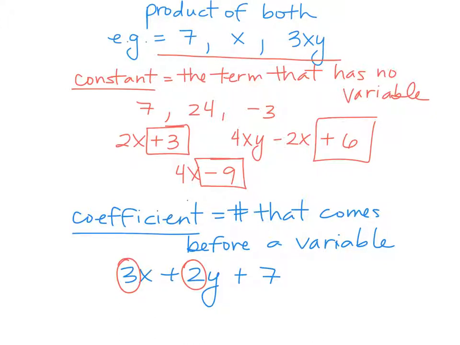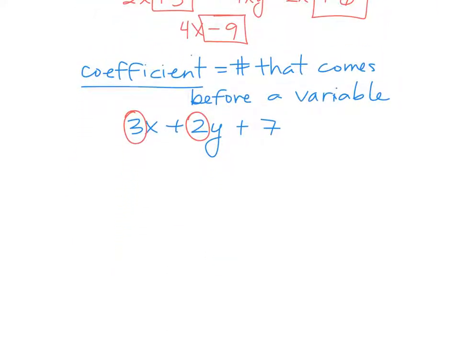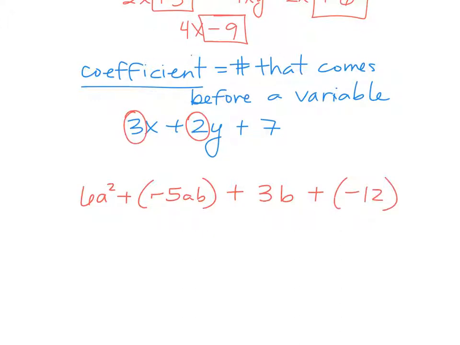Okay, so I'm going to just give you kind of a combination of all these things, and we're going to talk about what is what, okay? So if I have 6a squared plus a negative 5ab plus 3b plus a negative 12, okay?